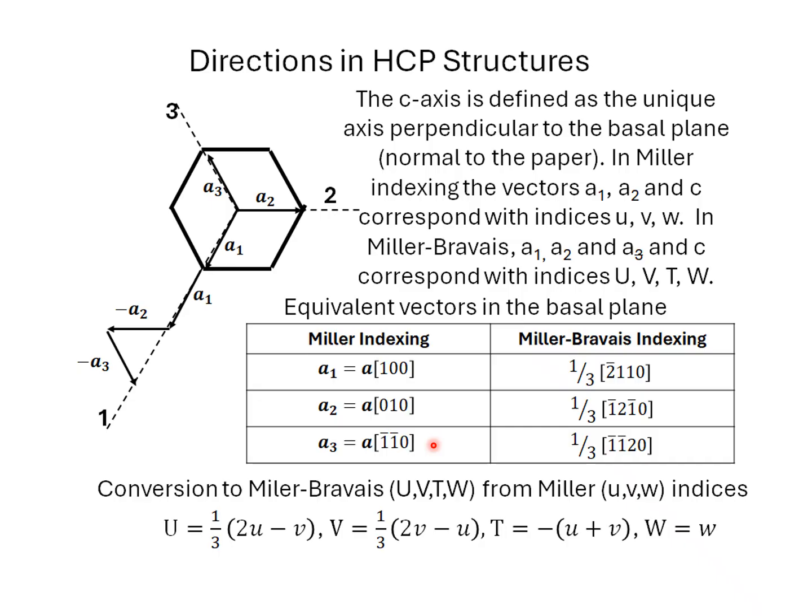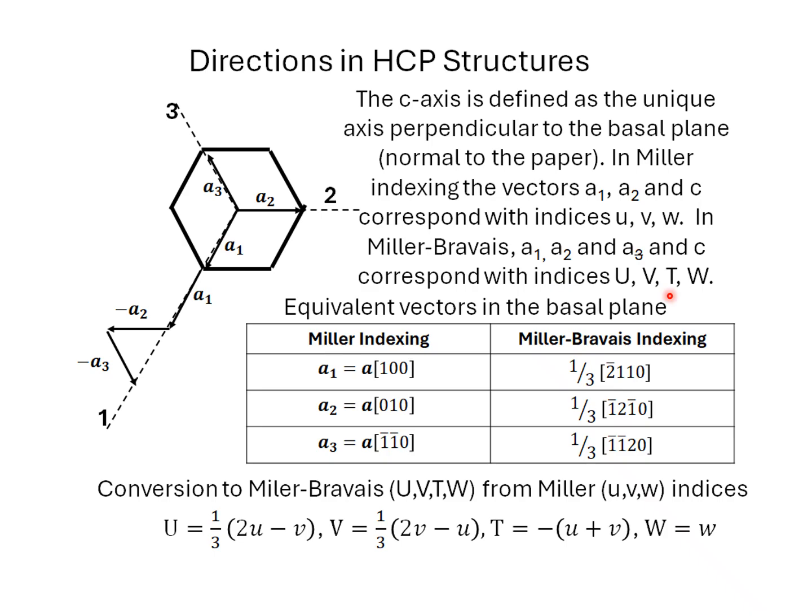But another index system that is commonly used is the Miller-Bravais indexing system, in which a third axis, A3, is introduced. And then we do the same kind of manipulation where you look at the intercepts with the different axes.